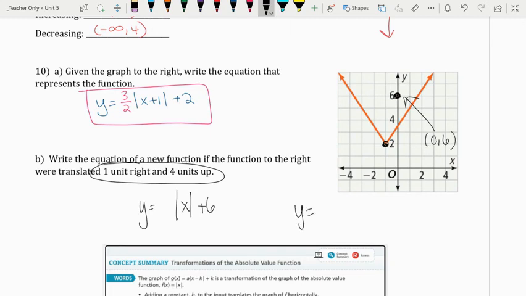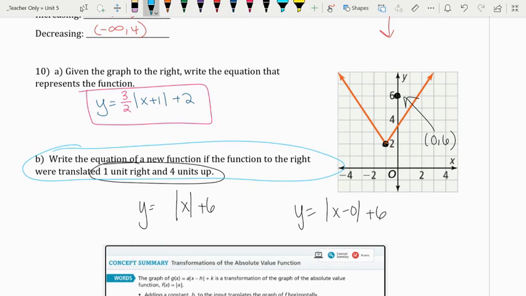You're welcome to put x minus 0 plus 6. That's not incorrect. Now the only thing we have to think about now is our slope, right? Well, nothing happened in this equation with our slope. So that means our slope is going to end up staying the same. It's not going to change how it goes.